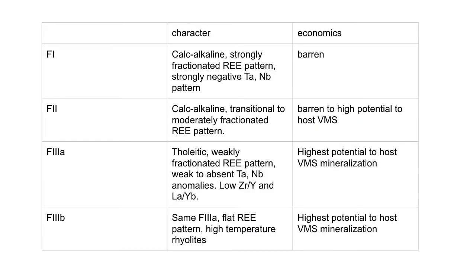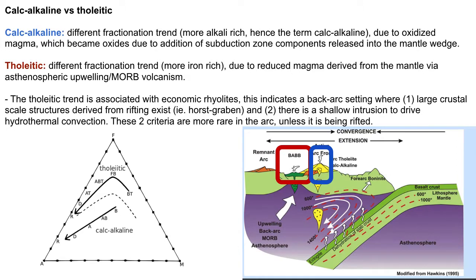And if we look back, we'll notice that F3 rhyolites associated with the tholeiitic trend have the highest potential to host VMS mineralization. This is because tholeiitic rhyolites tend to occur in the back arc environment where subduction zone components aren't oxidizing the magmas there.